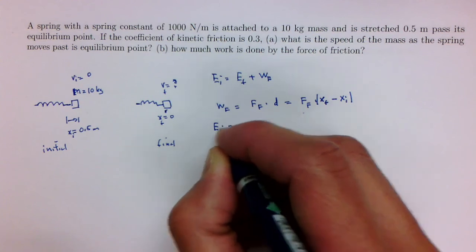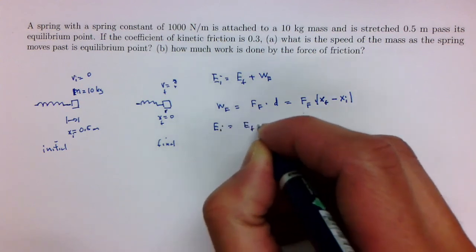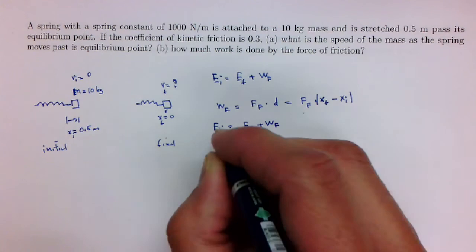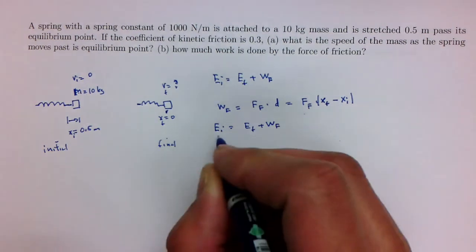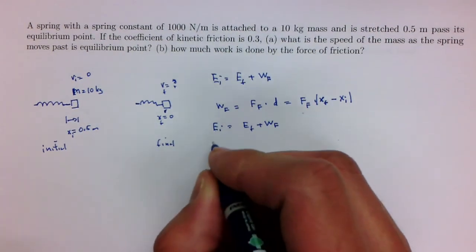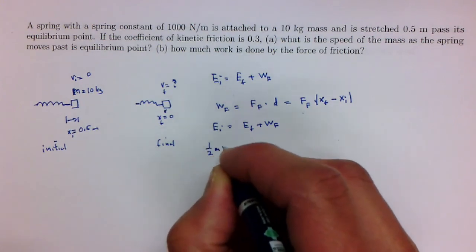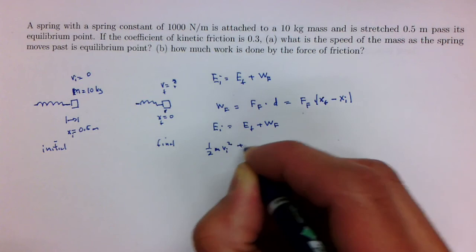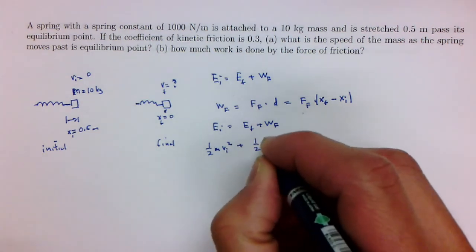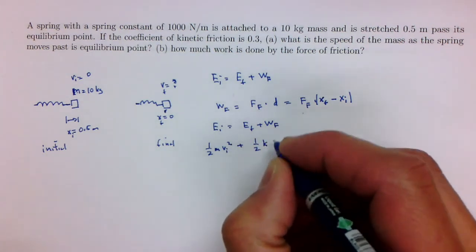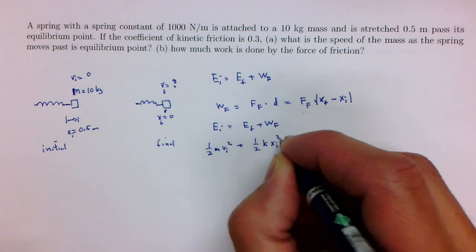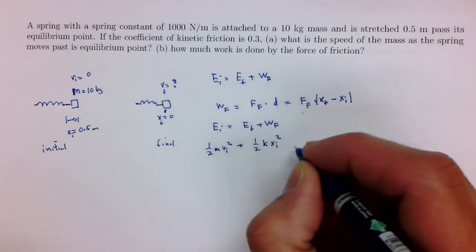So the initial energy, let's write this again, E_I equals E_F plus W sub F. E_I is simply equal to 1/2 m v_i squared plus 1/2 k, which is the spring constant, x_i squared, that's the potential energy of the spring.